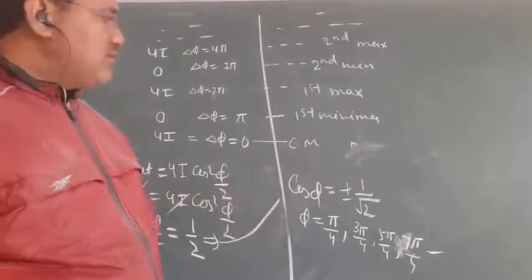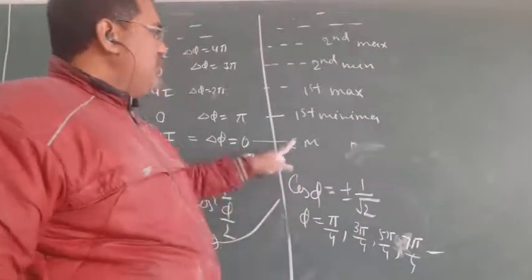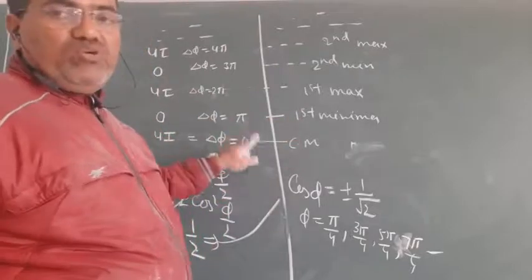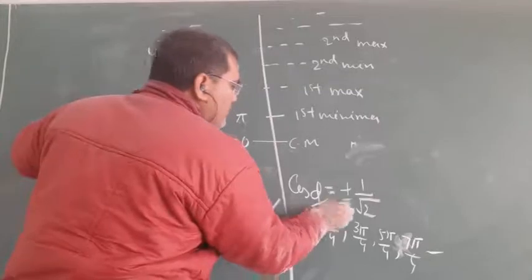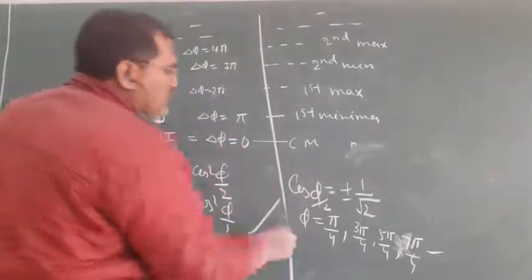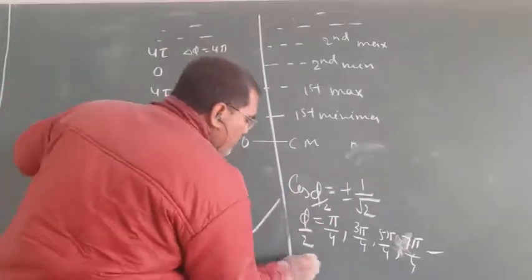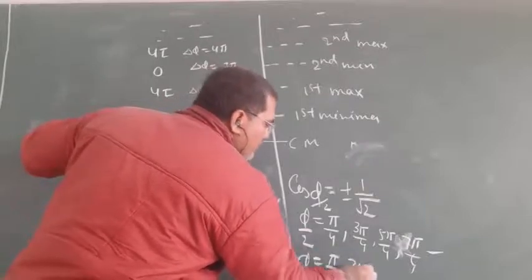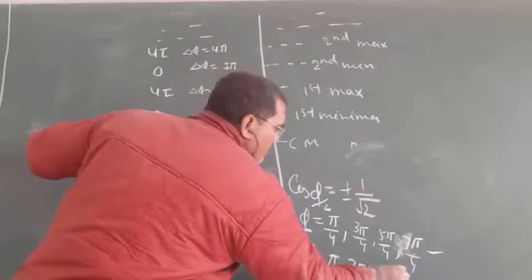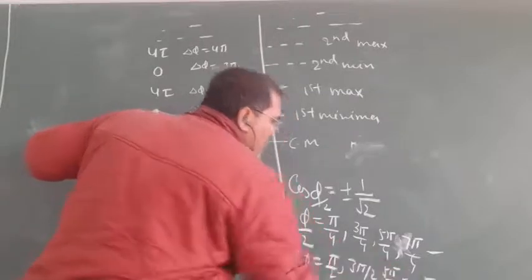But we have to find the maxima in between 0 to pi. So phi by 2 equal to pi by 2, 3 pi by 2, 5 pi by 2, and so on.